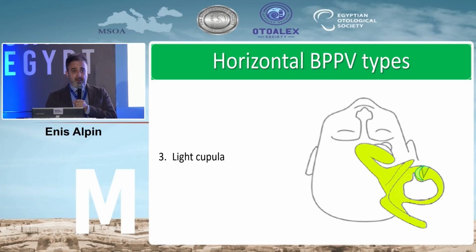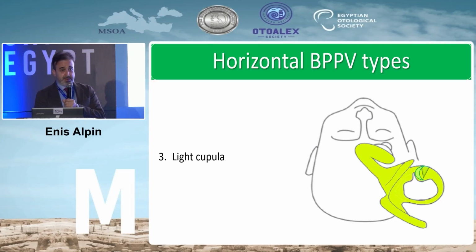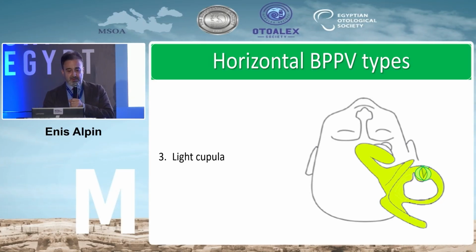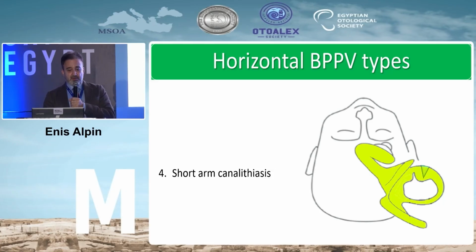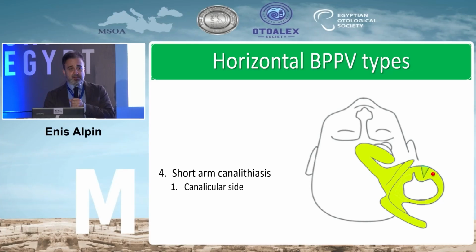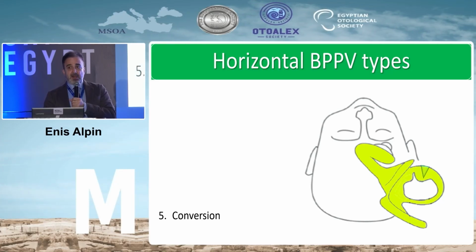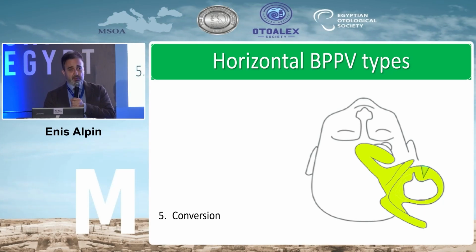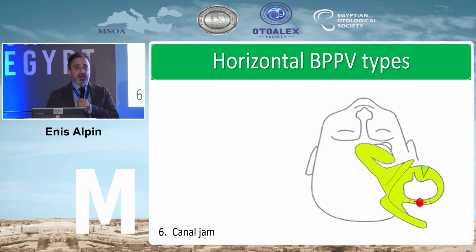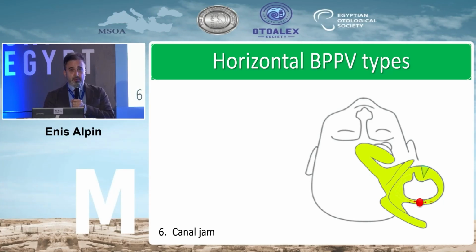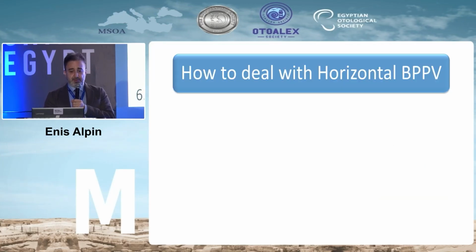Light cupula is a rather controversial phenomenon, but we may sometimes notice it. And the other ones are short-arm canal lithiasis, in which the particles may be on the canalicular side or the utricular side, and we may see ipsicanal conversions, I mean geotropic to apogeotropic form, or vice versa. And rarely, canal jam may occur after maneuvers.